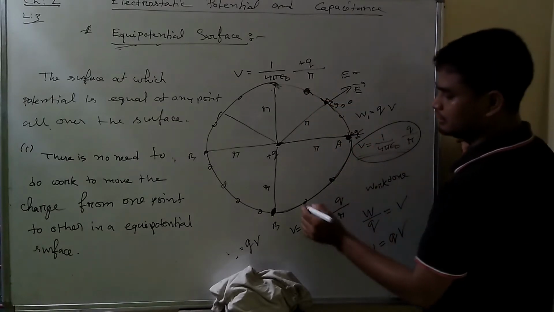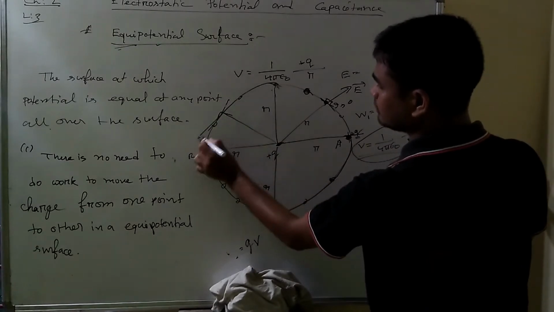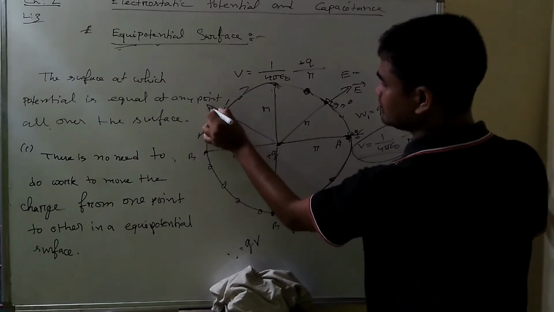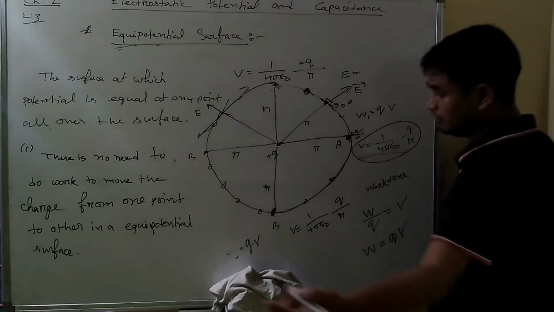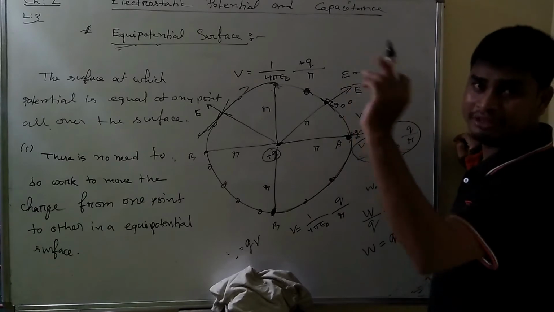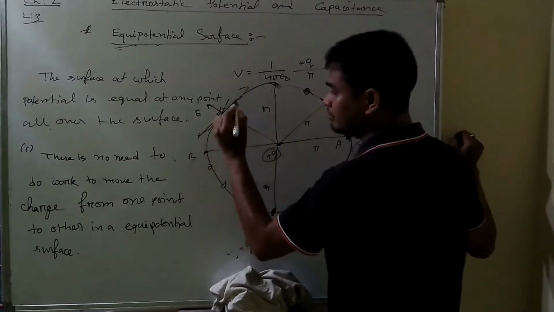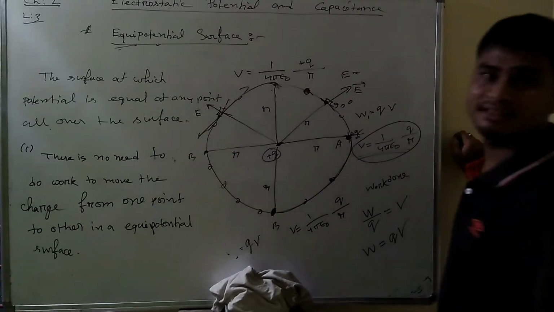We can also find here: this is the tangent. We can draw the tangent. This is the direction of the electric field. We know that from any positive charge, the electric field lines are radially outward. So this is the direction of the electric field, which is perpendicular to the equipotential surface.